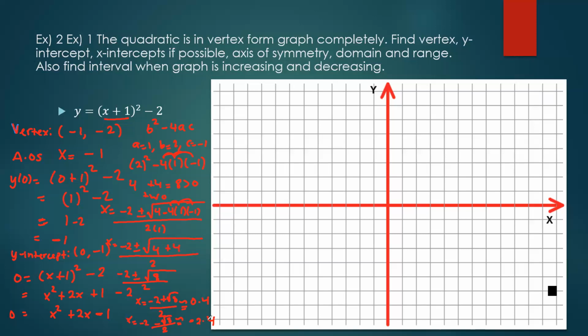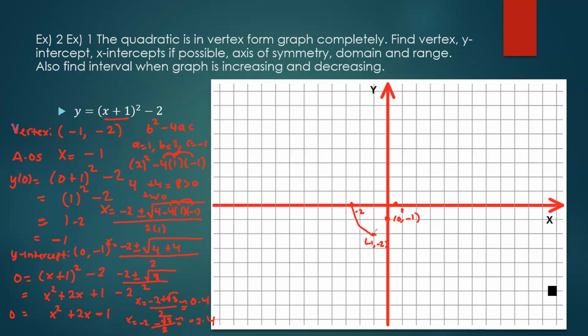I think we have enough to graph it. So we plot our vertex, which is at (-1, -2). My y-intercept is (0, -1), so it's right here. My two x-intercepts: one of them is at 0.4, so here's 1, and 0.4 is about halfway. The other is -2.4, so here's -1, here's -2, and -2.4 is about halfway.